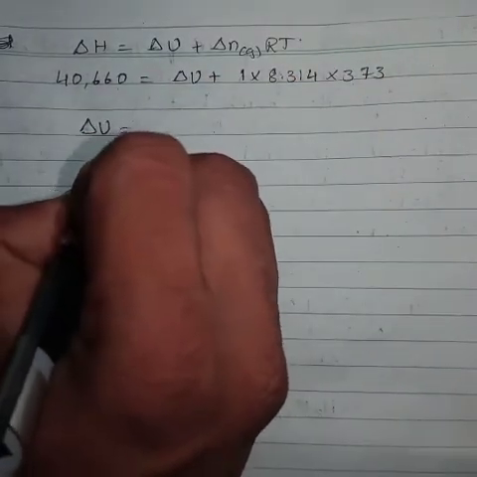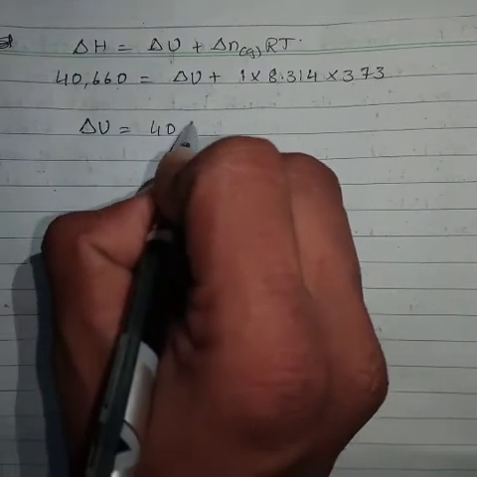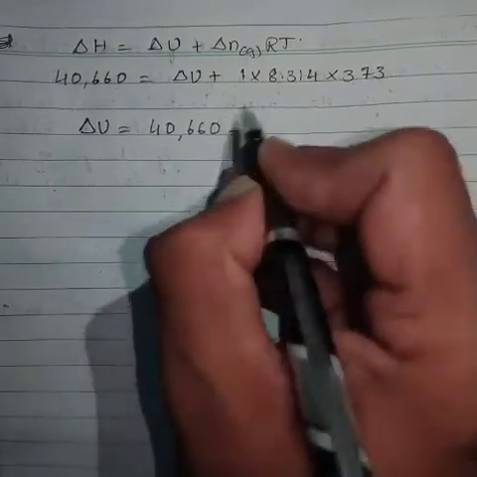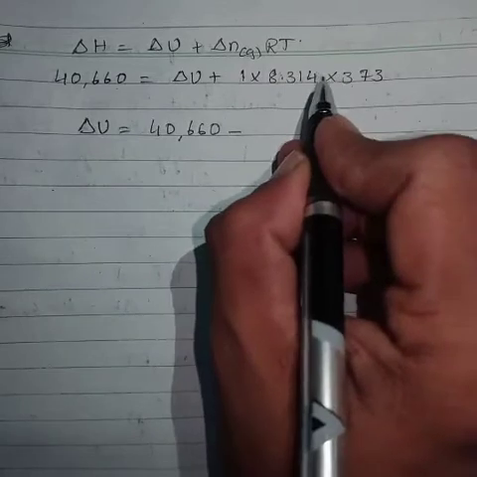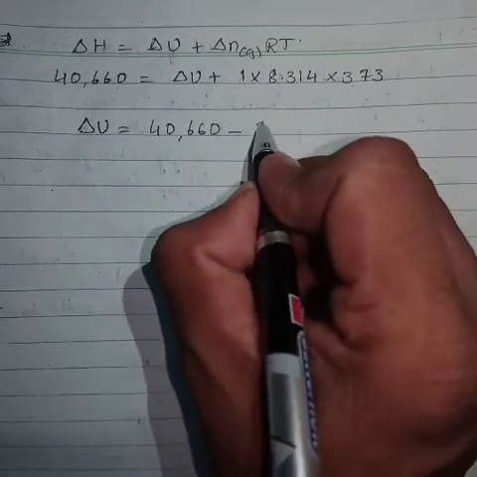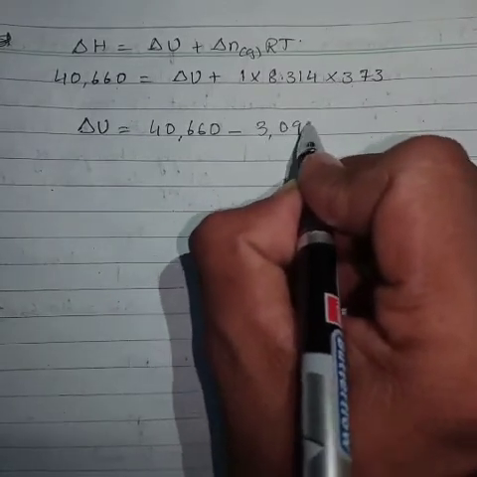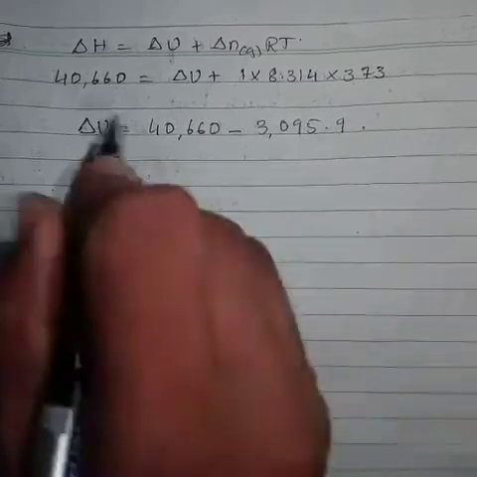so delta U is equal to 40,660 minus. Just by multiplying these values we are getting 3095.9.